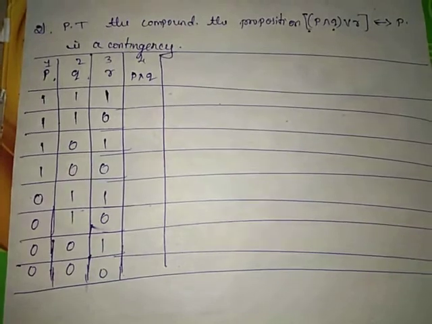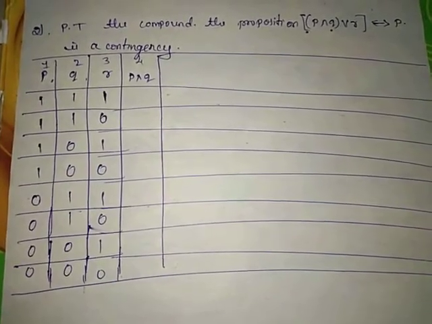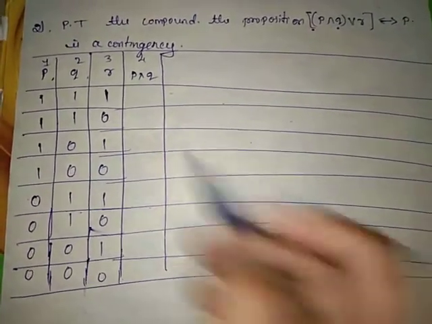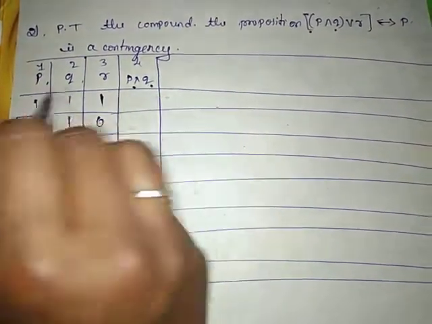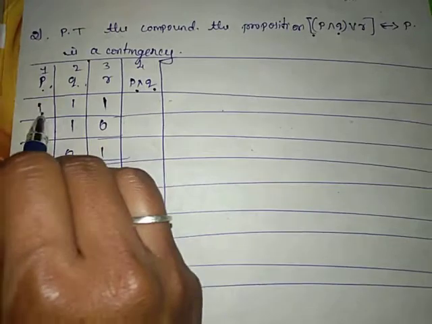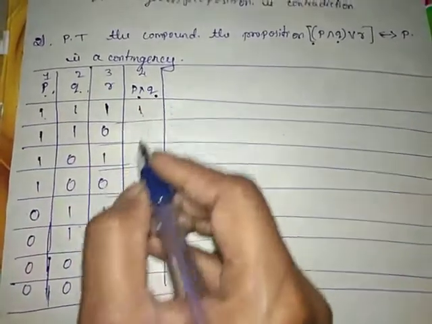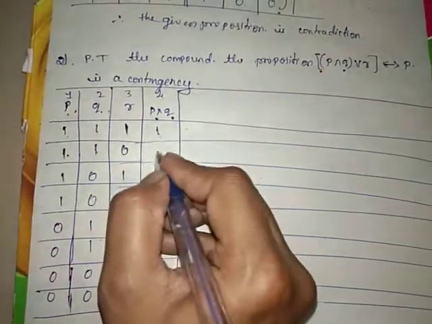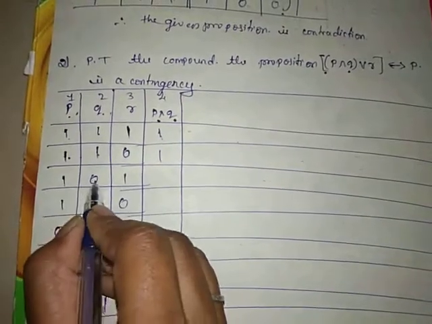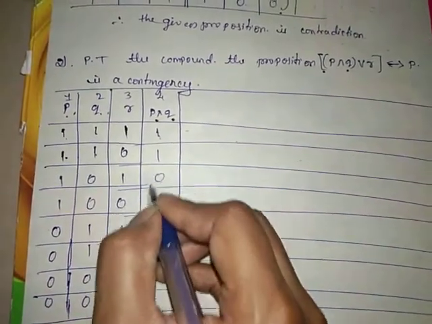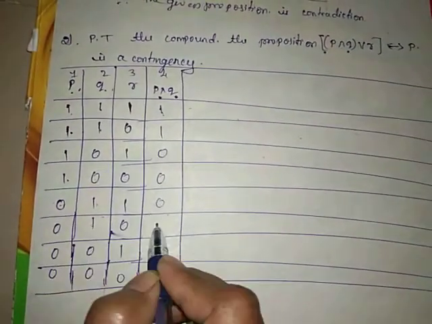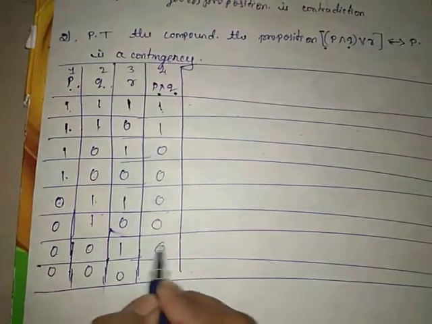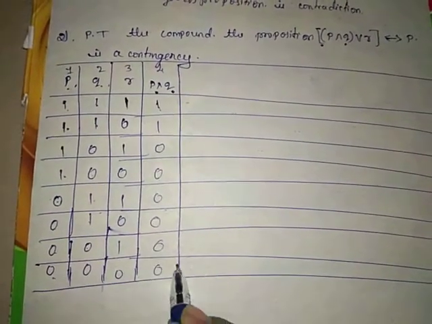After writing the possible truth values, now I am taking P and Q. P and Q means 1 and 2: 1 and 1, 1; 1 and 1, 1; 1 and 0, 0; 1 and 0, 0; 0 and 1, 0; 0 and 1, 0; 0 and 0, 0; 0 and 0, 0.